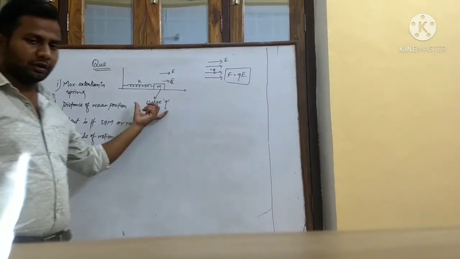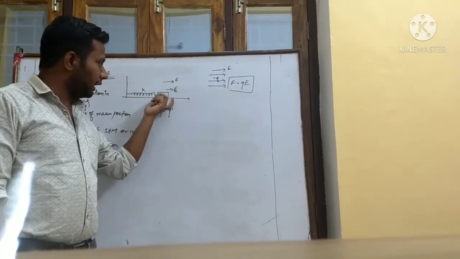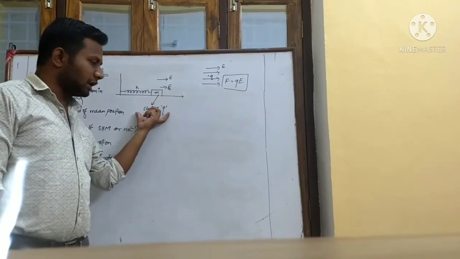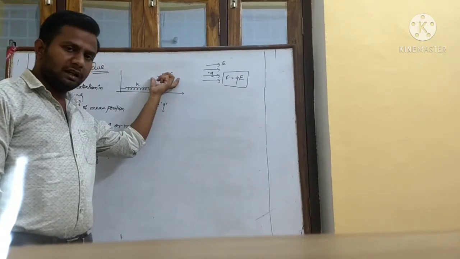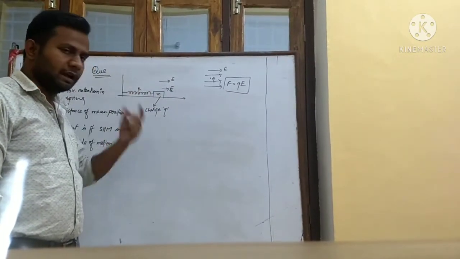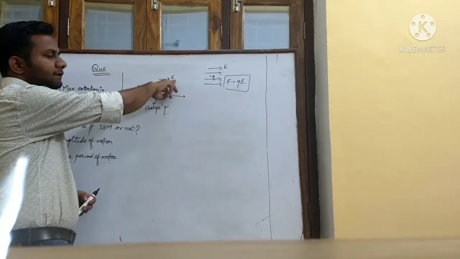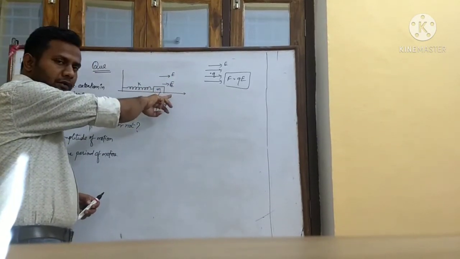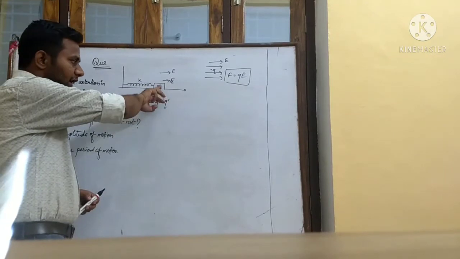I am explaining this question again. There is a small block M having charge q, there is an external field E, and a spring attached to this block having spring constant K. Because of this external field, this block will get a force, called the electrostatic force, in this direction.